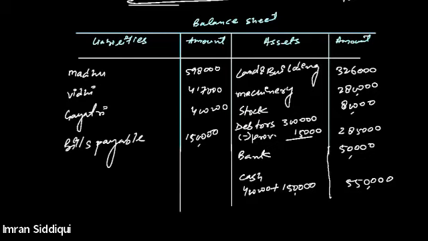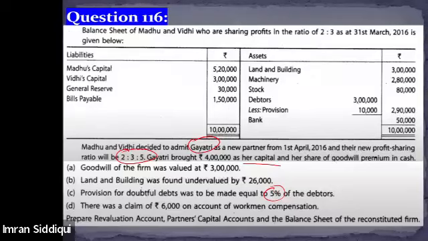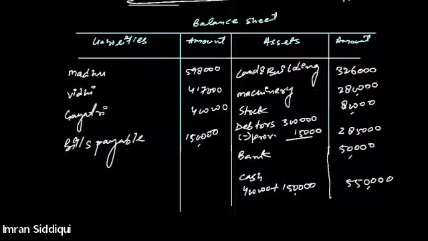Right. And there was one more piece of information in the question regarding workman compensation. Everybody is able to see point D. There was a claim of rupees 6,000 on account of workman compensation. This is a liability upon the firm. So now we need to record this value on the liability side. Workman compensation.